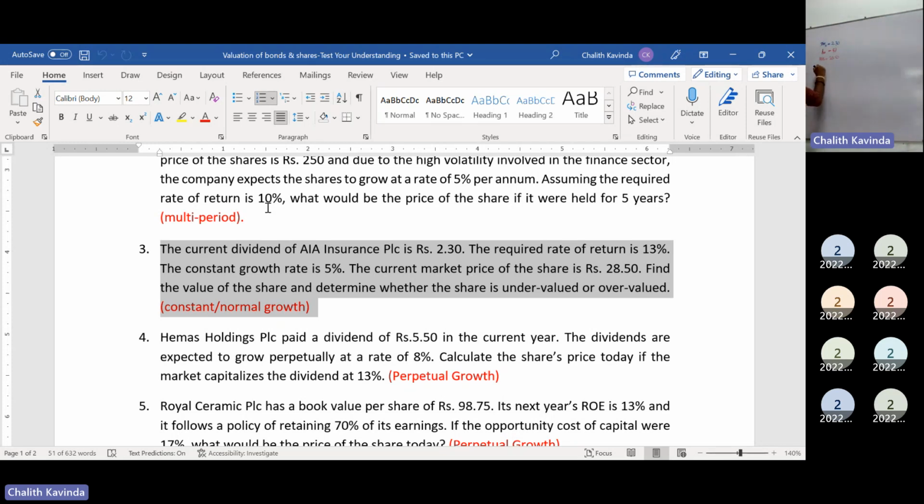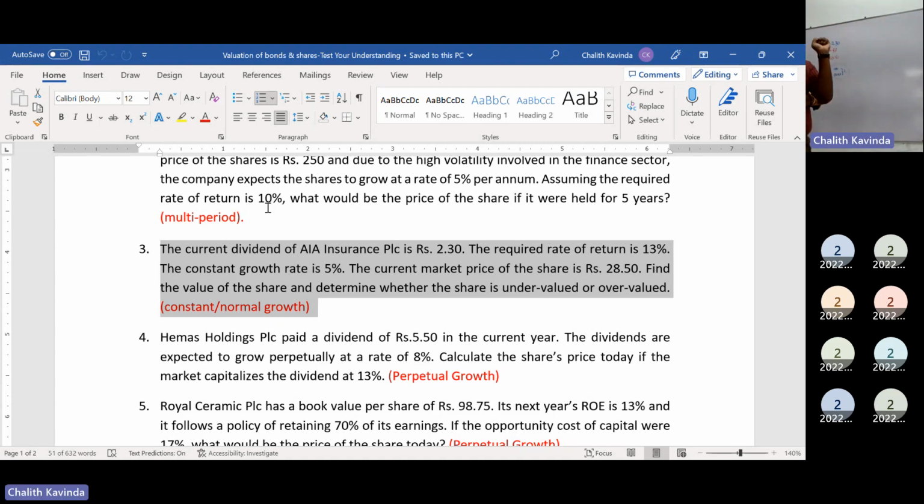Two things. You need to calculate the price of the share today, and you have to determine whether it is undervalued or overvalued. Now, if you clearly look at this question, we have done single period valuation, we have done multi-period valuation.